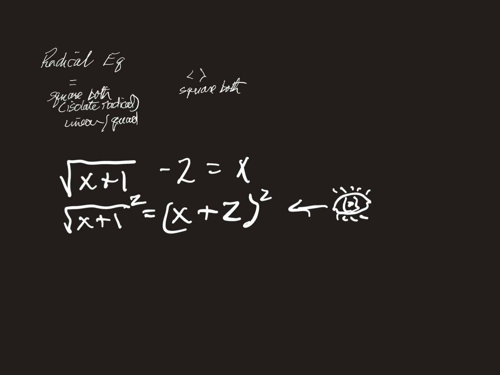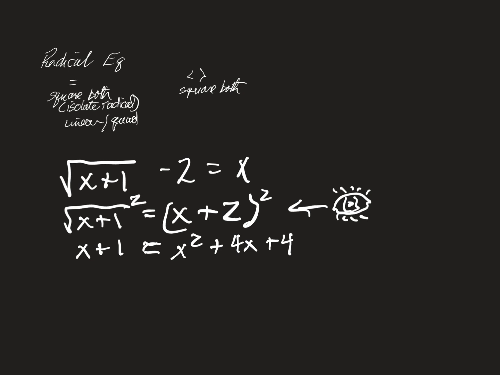This is a quantity squared here, which means it's x plus 2 times x plus 2, and you have a middle term. So squaring the radical, square root times itself, just gives what's under the square root. And this then becomes x squared plus 4x plus 4, because you'll have 2 times 2x twice.